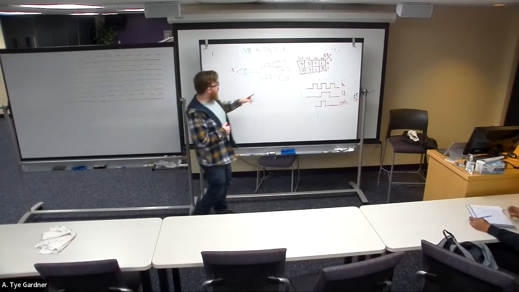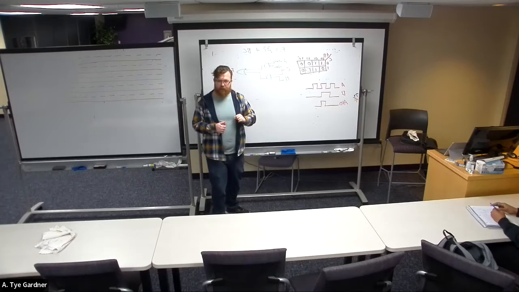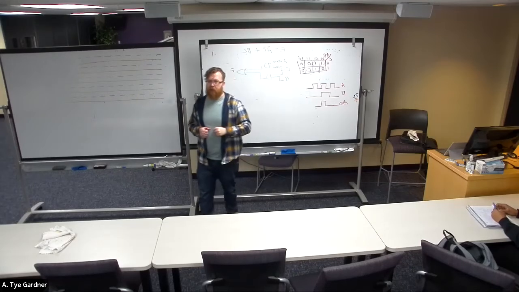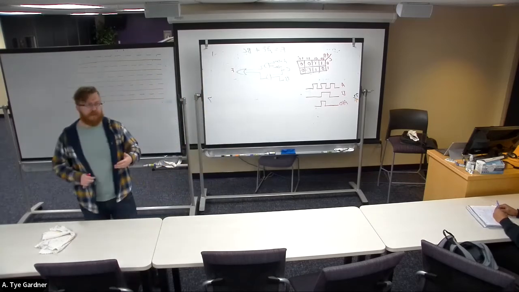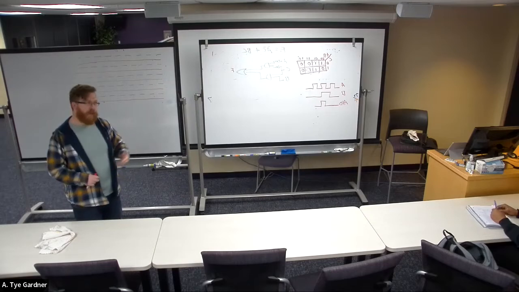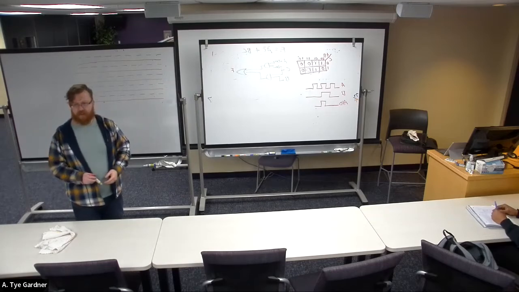Because C, in one path to the output, goes through 1, 2, 3 gates, and in the other path, 1, 2 gates. This is what we call a static hazard. What the static hazard means is it's supposed to stay 1, or it's supposed to stay 0, and it doesn't.